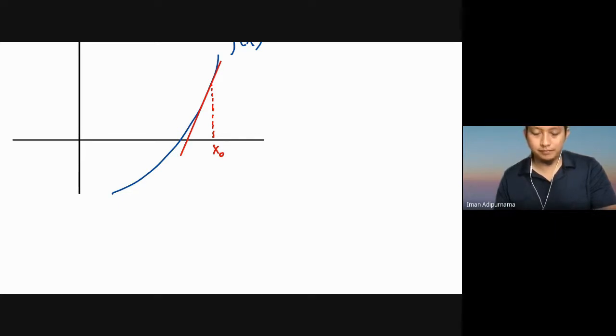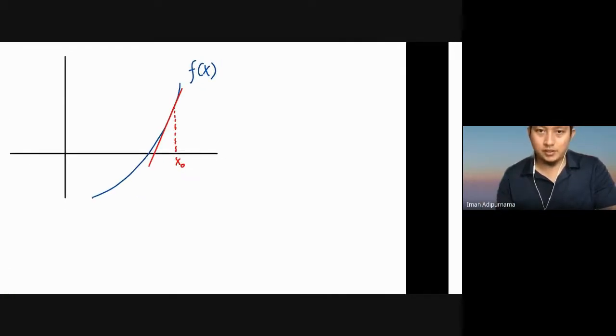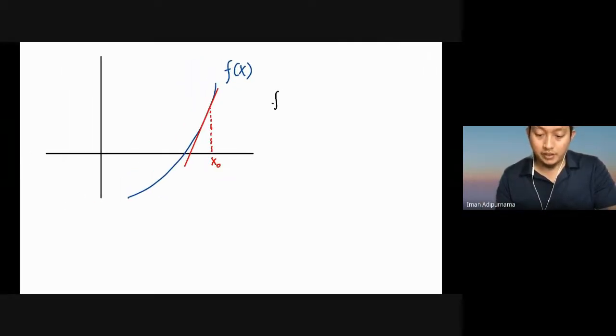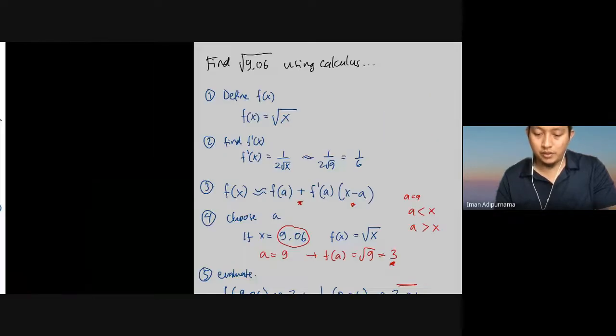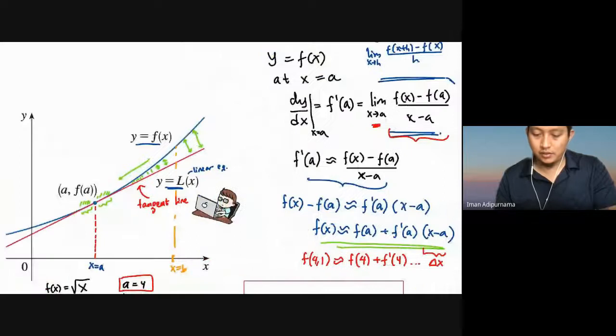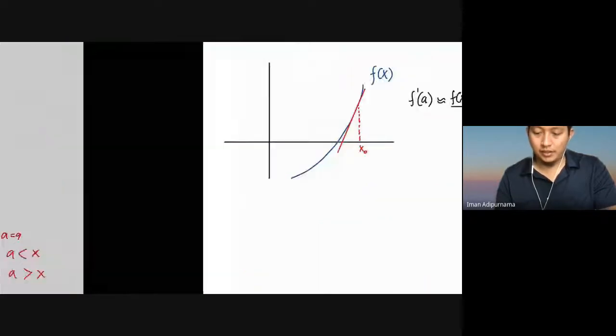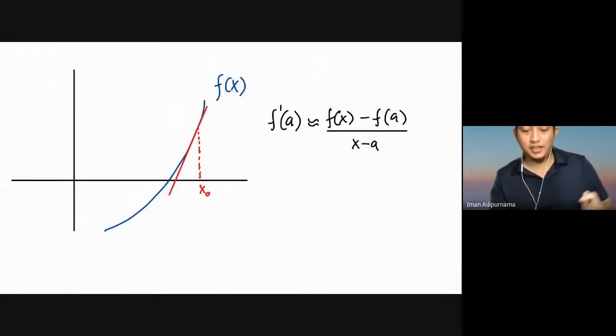So let me start with this. Remember that f prime a will be approximately the same or getting closer to this expression as we have done before here. This expression, right?